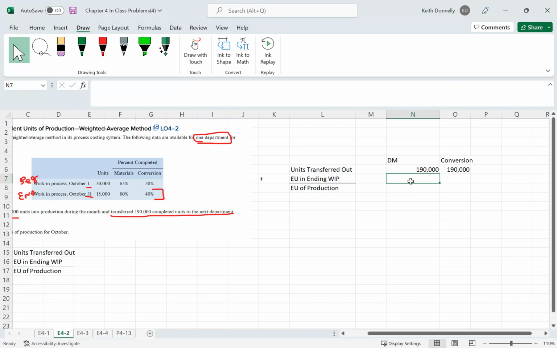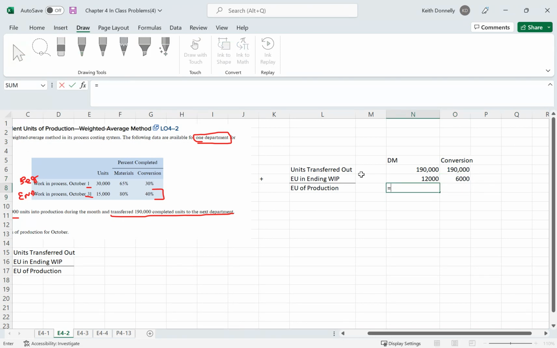And what we're going to do is say that, hey, we have 15,000 units at that point in time. And with respect to materials, they're 80% complete. So that means 12,000 units there. With respect to conversion costs, we have 15,000 units and they're 40% complete.